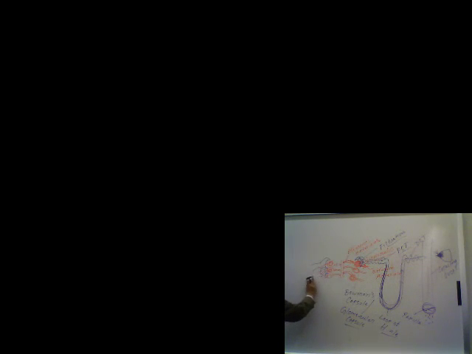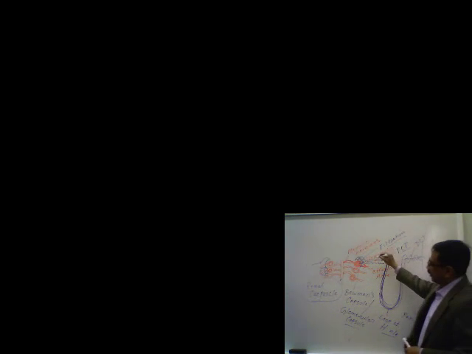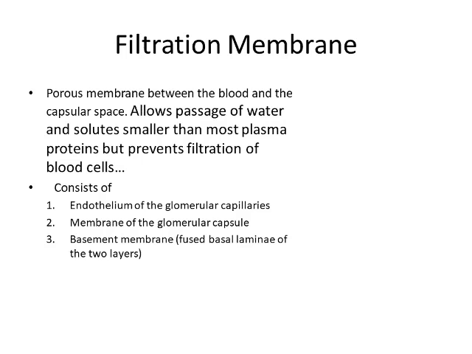Another structure that is called renal corpuscle. What is renal corpuscle? Renal corpuscle consists of two structures: this glomerulus and the Bowman's capsule. These two parts together are called the renal corpuscle. So this is the renal corpuscle.